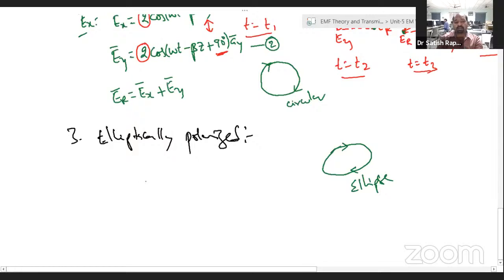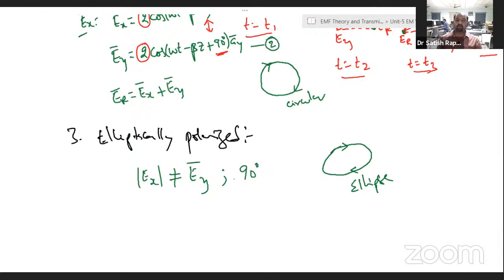So when will we get an ellipse? When the magnitude of Ex is not equal to the magnitude of Ey, and they are out of phase by 90 degrees, then the wave is said to be elliptically polarized. That is the only difference between circular polarization and elliptical polarization.